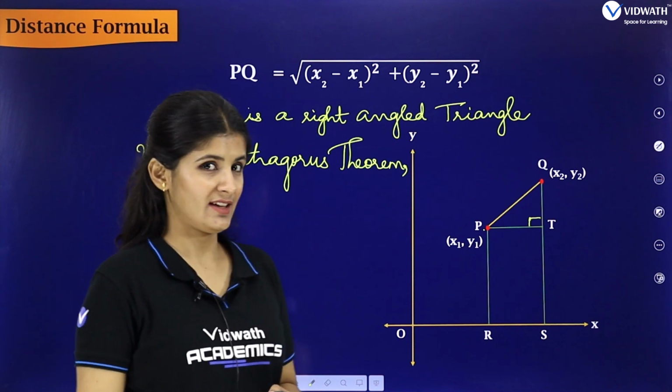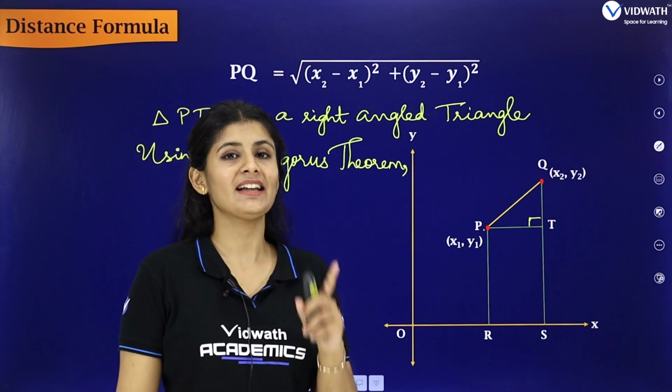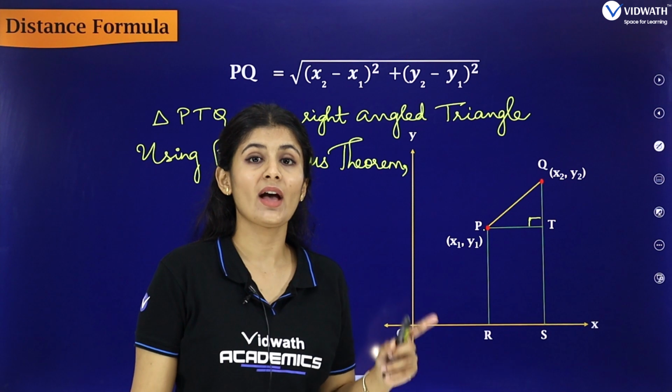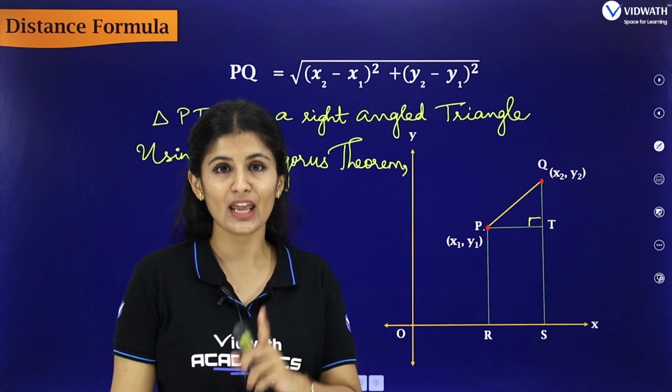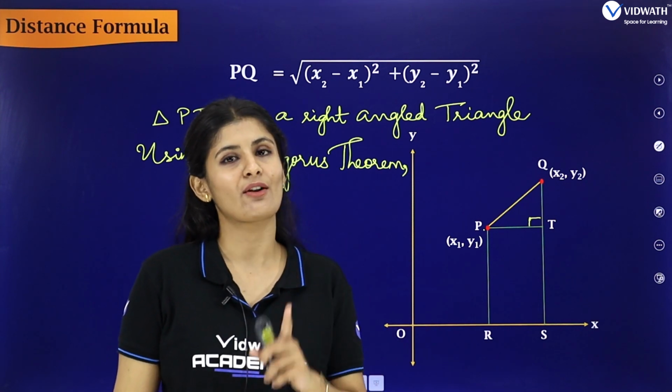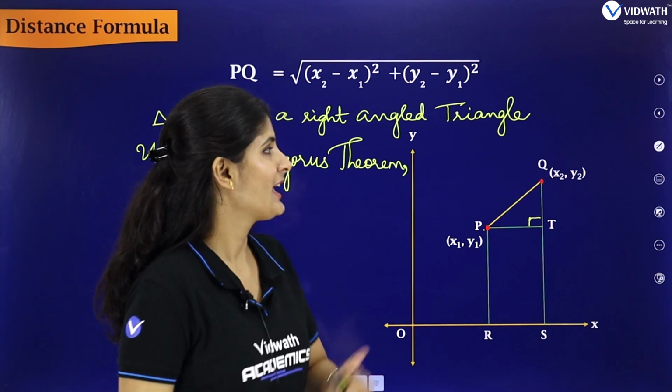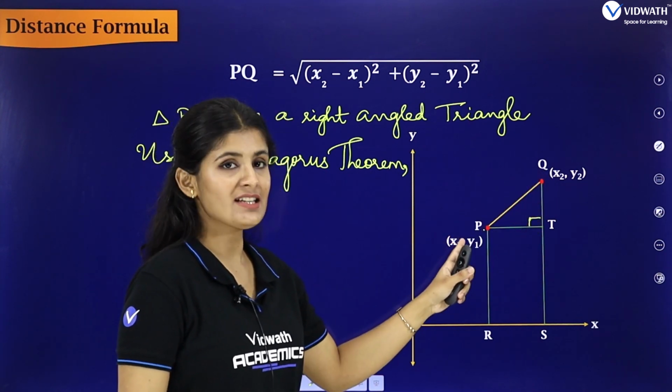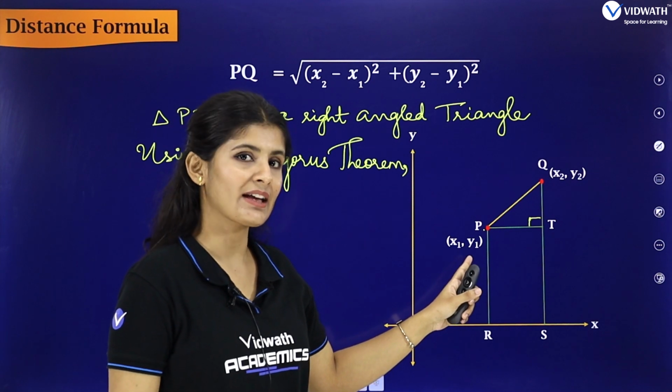What does the Pythagoras theorem say? In a right angle triangle, the square of the hypotenuse is equal to the sum of the square of the other two sides. Here, the hypotenuse is the side opposite to the right angle.